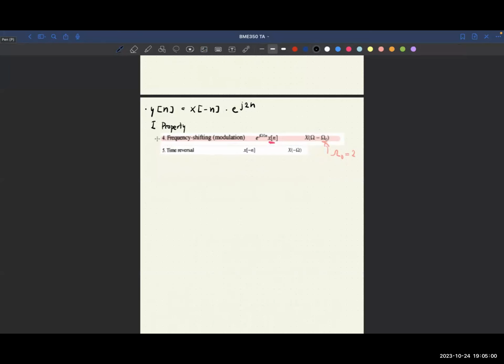So if we merge after we identified our properties here, let's see how our Y omega will look. So we have x[-n] times e to the power of j2n.